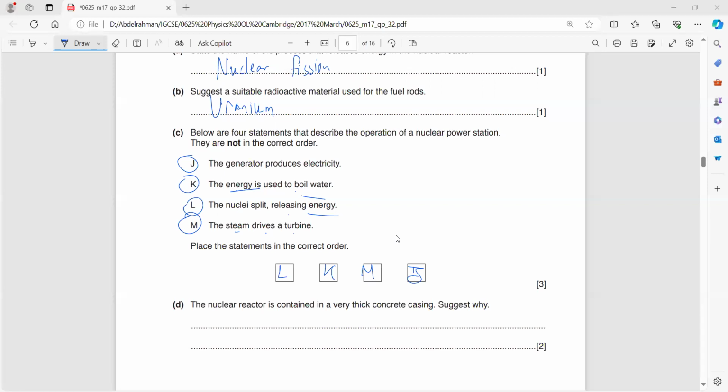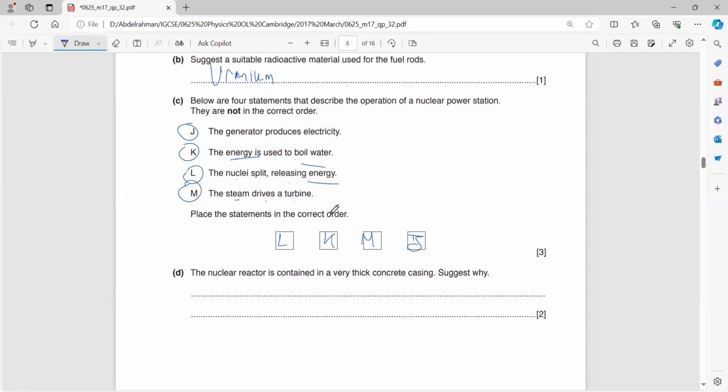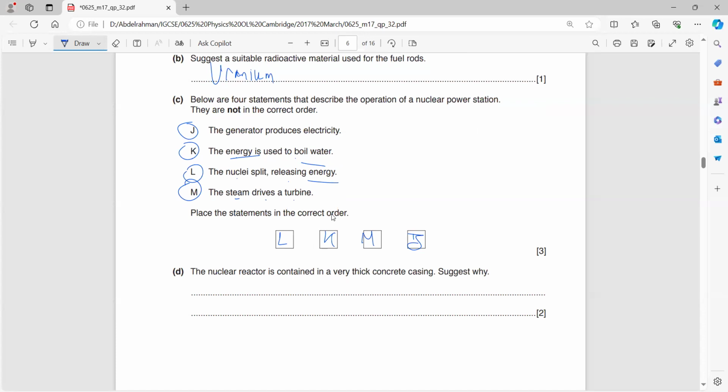Again, it is very dangerous. Yes, definitely. We have to state two marks. First of all we have to state that it is very dangerous, and we need to protect from any escaping radiation.